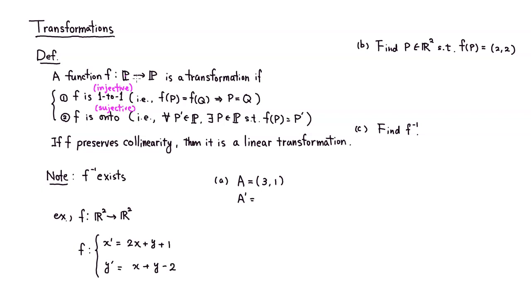And if you combine the two, you can also say it's bijective, which means that it's injective and surjective at the same time. Then if this transformation preserves collinearity, which means that a line is going to get mapped to another line, then it is called a linear transformation, because it preserves lines.